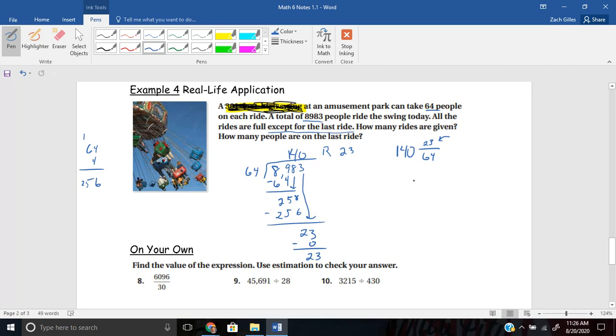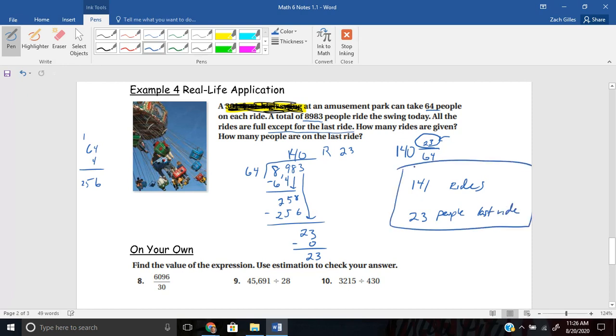So there was actually 141 rides given. And how many people were on the last ride? Well, it was just a partial. It wasn't a total 64. It was 23 people on the last ride. Okay, so that does it for example 4.